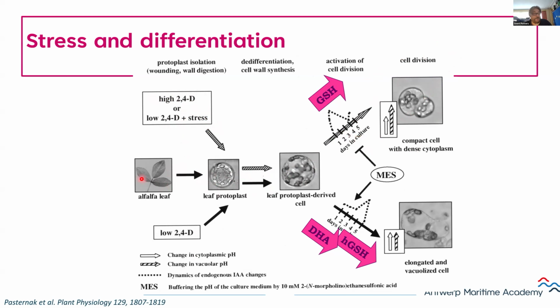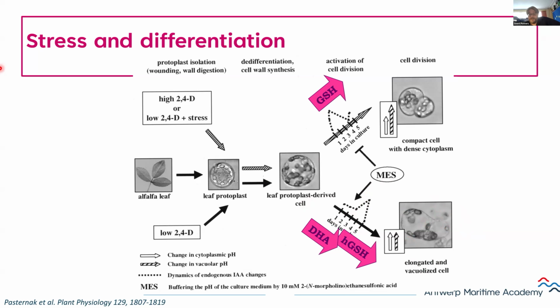We could even play a bit with different forms of these antioxidants. If we gave them high amounts of glutathione, we would push them again to non-differentiated cells. If we gave them high amounts of dihydroascorbate, the oxidized vitamin C, we would push them to become these cells.